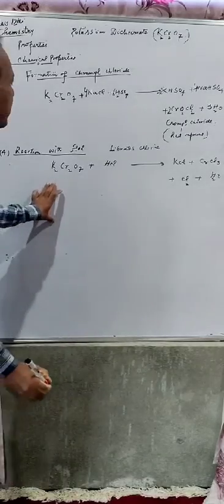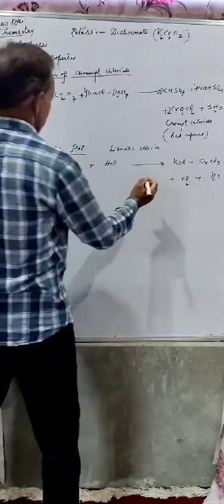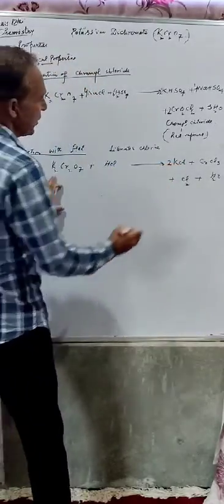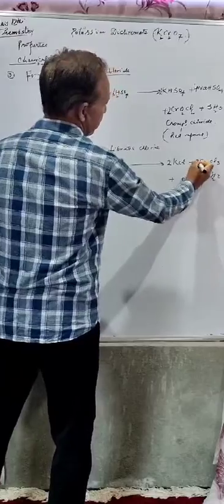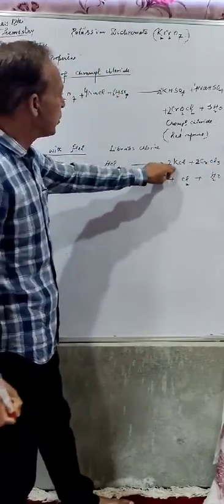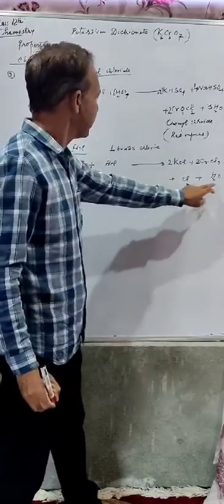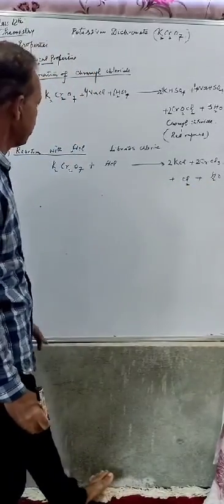Now we will balance the reaction. We will take 2 times K, and we will take 2 times Cr. This potassium chloride, chromium trichloride, chlorine gets liberated and the water is formed.